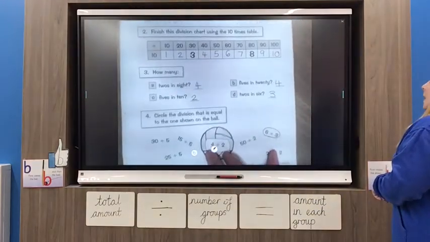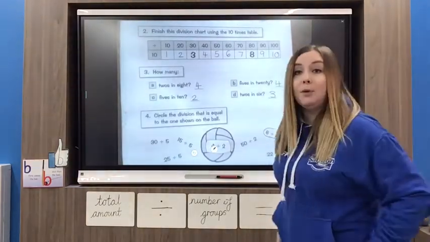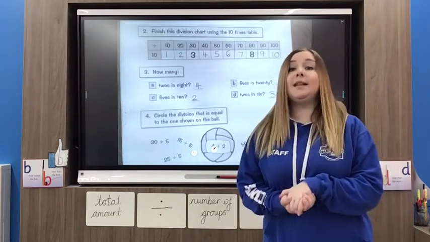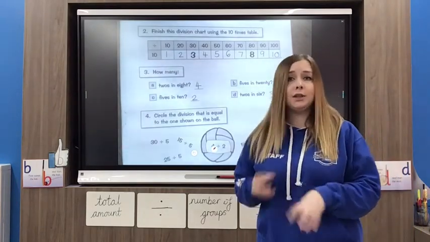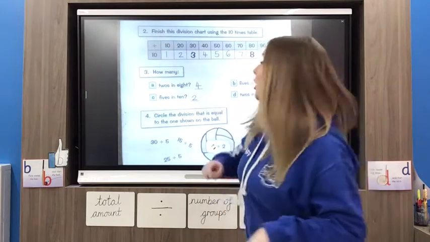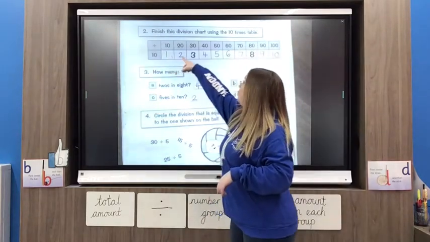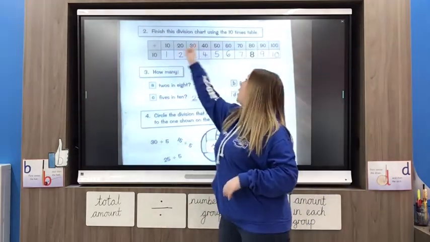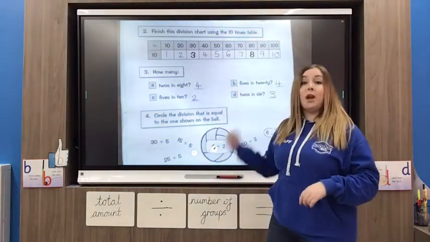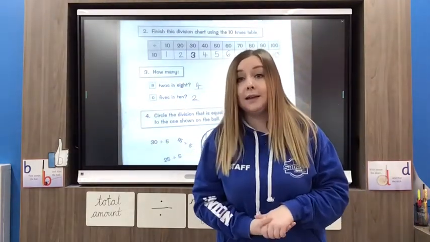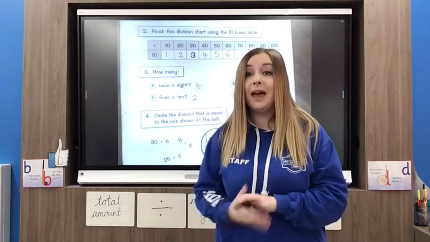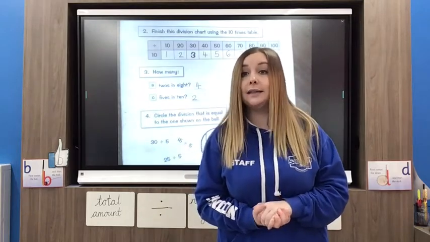Now the next part then is our times table grid. We've done a few of these now Year 4, so we should start to get the hang of them. And you'll notice that this time my numbers go up from 1 to 10. But we know that they don't always. That's just how it happened to work out on that grid.